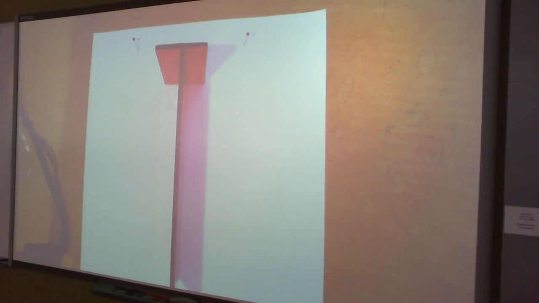Can't see the reflection. Guys, it works with your laptop. So you look into the mirror, and when you look straight on, you can't see it. Now move your head that way so you can see the pin. Okay. And then put another pin off to the side.